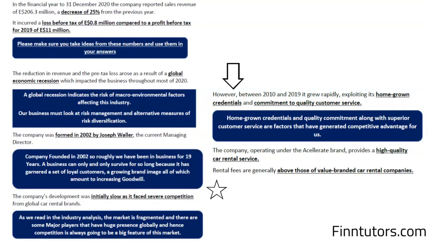Now, a global recession indicates the risk of macro environmental factors affecting this industry. Our business must look at risk management and alternative measures of risk diversification, because if a global recession can hamper my business so much, can have a 25% decrease in my revenues, then it is important that I look at different revenue streams, that I look at diversification, I look at different offerings, because we have survived this particular recession.